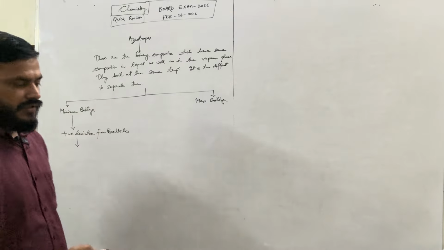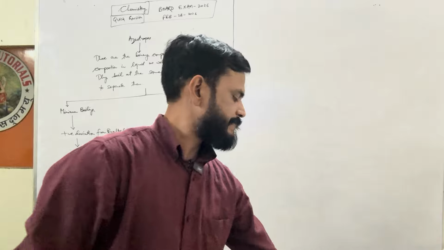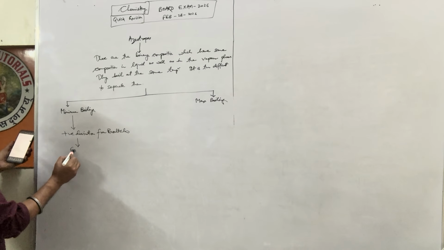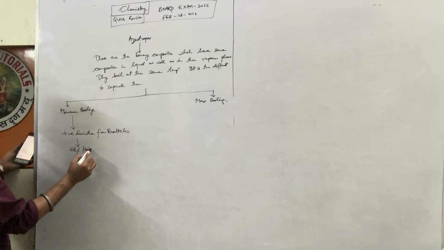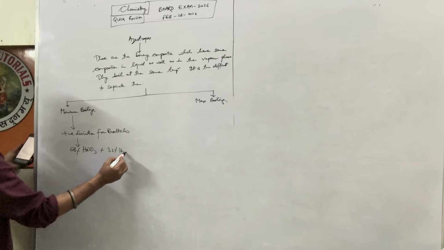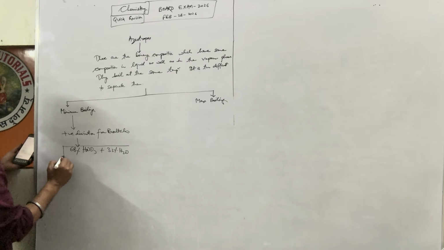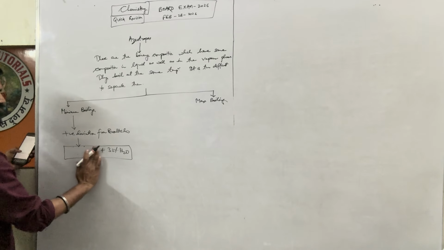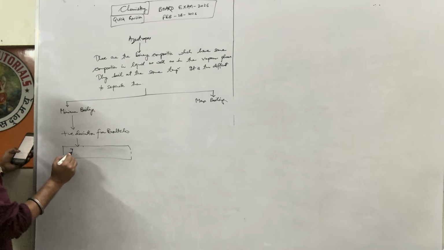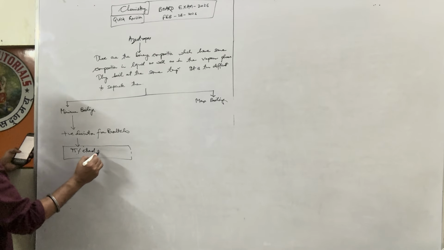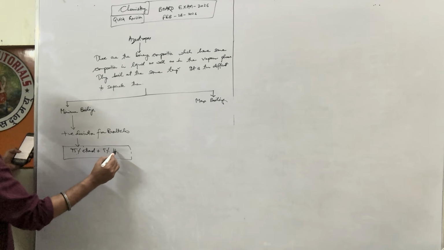And its example is 68% nitric acid plus 32% water. So this is maximum boiling. No, in minimum boiling you have, sorry, this is for maximum boiling. In minimum boiling you have 95% ethanol plus 5% water.